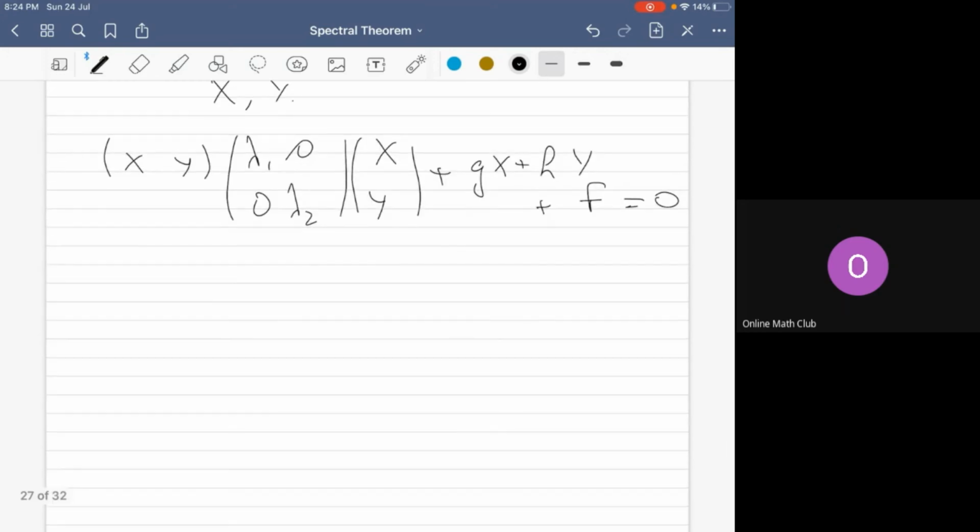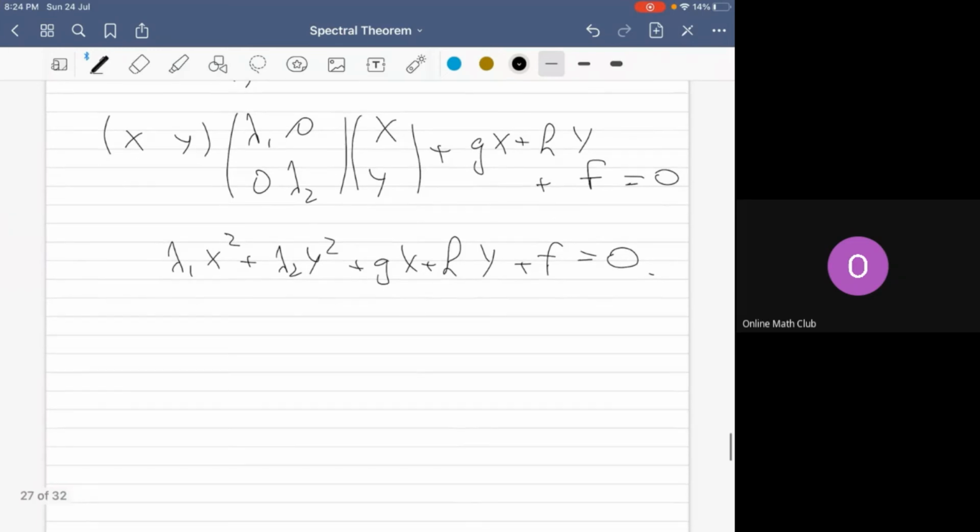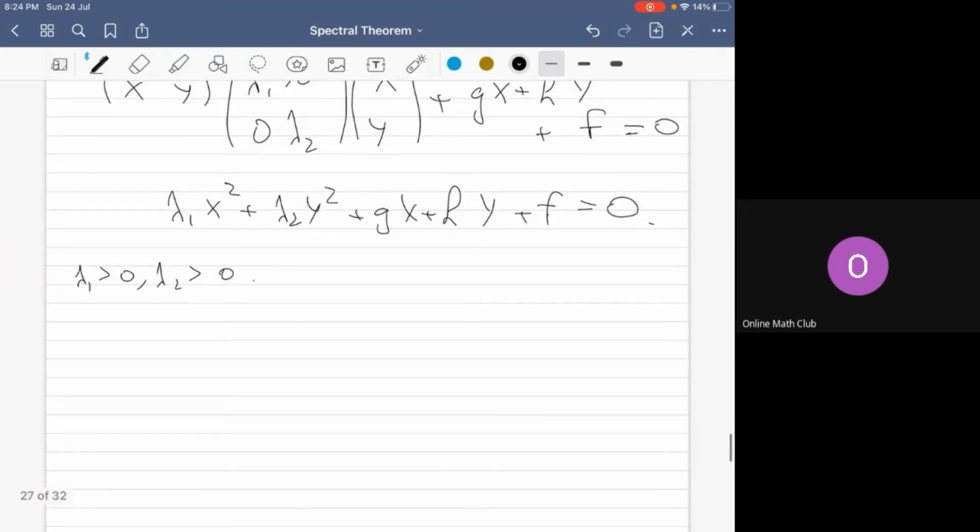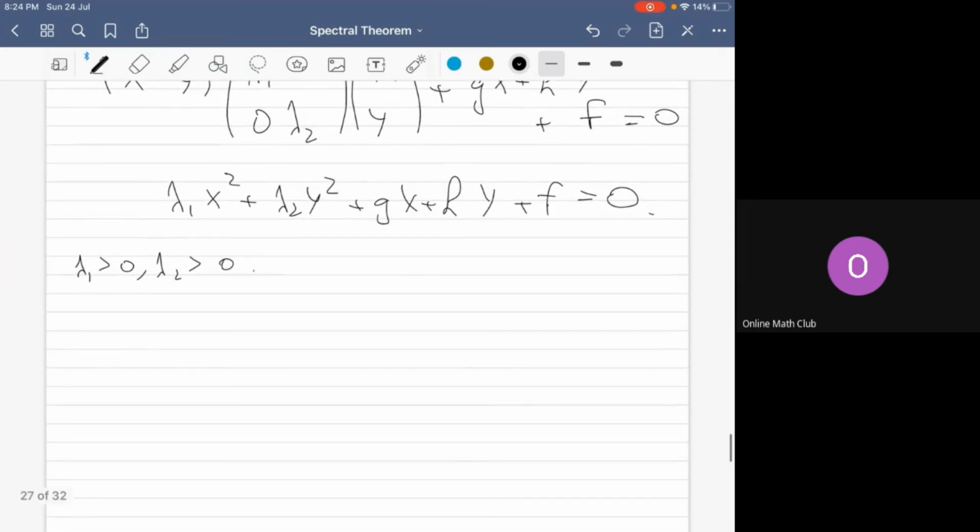And this becomes lambda 1 X squared plus lambda 2 Y squared plus gX plus hY plus f is 0. And for now, let's consider the case lambda 1 is greater than 0 and lambda 2 is greater than 0. And other cases are similar.